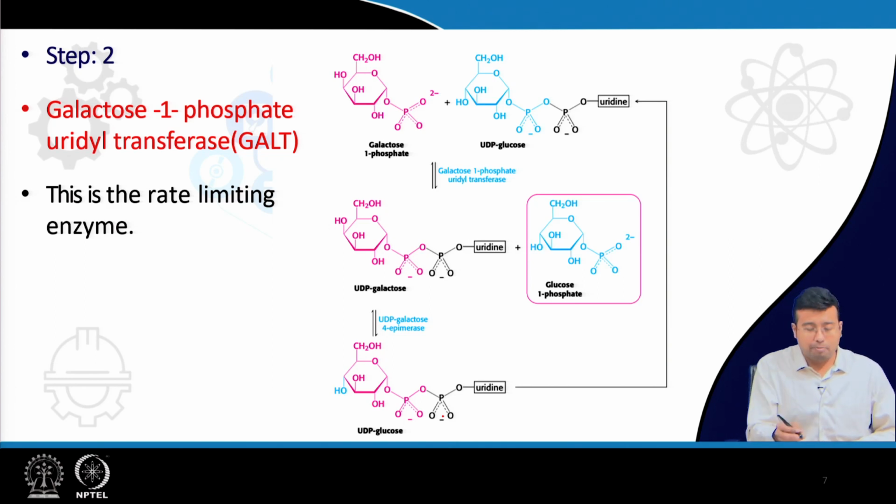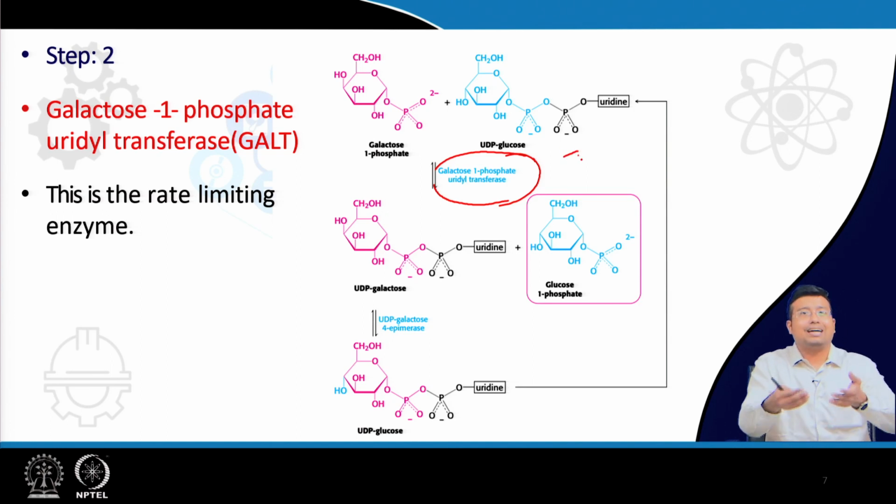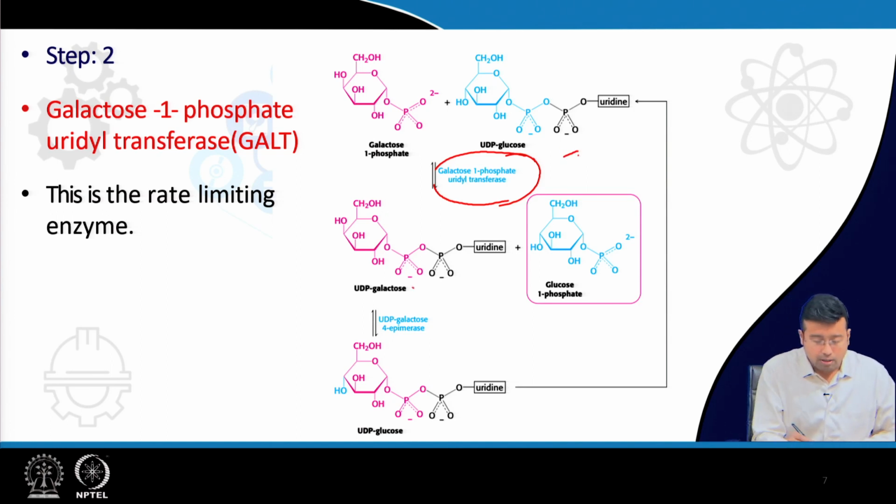Again with the help of this enzyme galactose 1 phosphate uridyl transferase, where galactose 1 phosphate and UDP glucose are combining to form UDP galactose. Okay, this is the reaction.